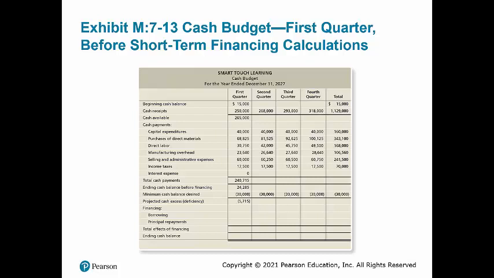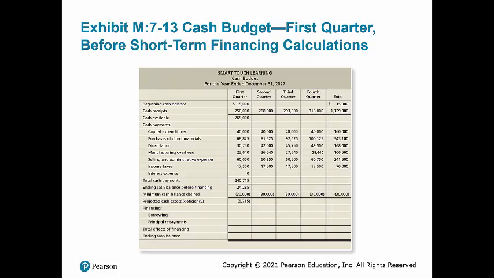Smart Touch Learning's management would like to have a minimum cash balance at the end of each quarter of $30,000. So for the first quarter, they would have a cash deficiency of $5,715.